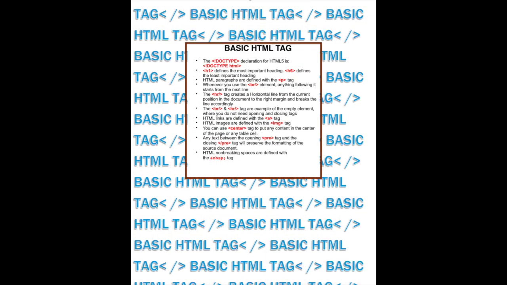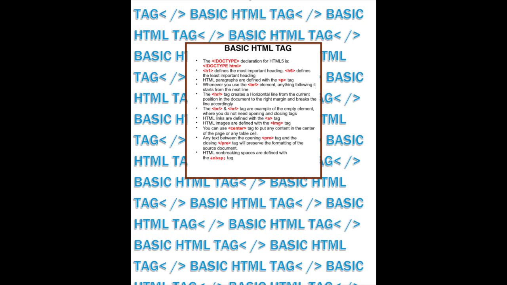So guys, before completing this session, I will give you a quick short review of the basic HTML tags. I hope after watching this session, you are now very familiar with basic HTML tags. So let's take a quick review. The doctype declaration for HTML5 is doctype html. The H1 defines the most important heading. H6 defines the least important heading.